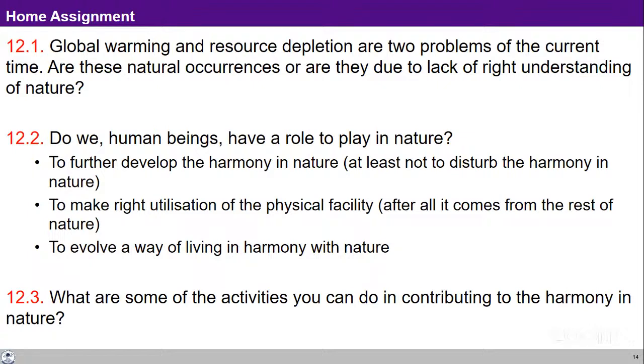But lack of right understanding is one answer, because humans destroy this harmony of nature. Yes.